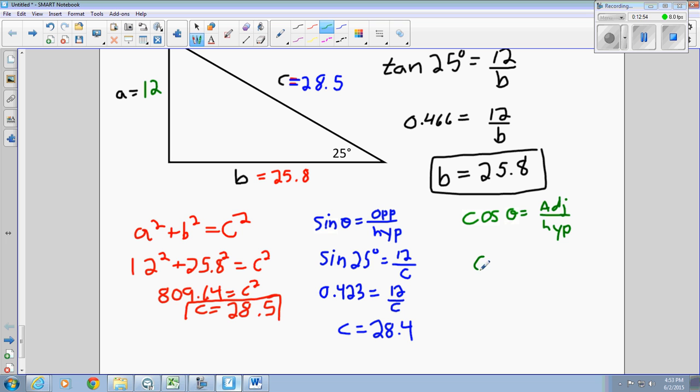Adjacent over hypotenuse. So cosine of 25, that better be equal to my adjacent, 25.8, over my hypotenuse, which is 28.5.